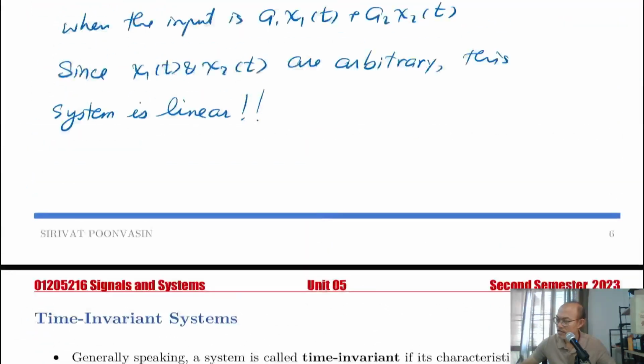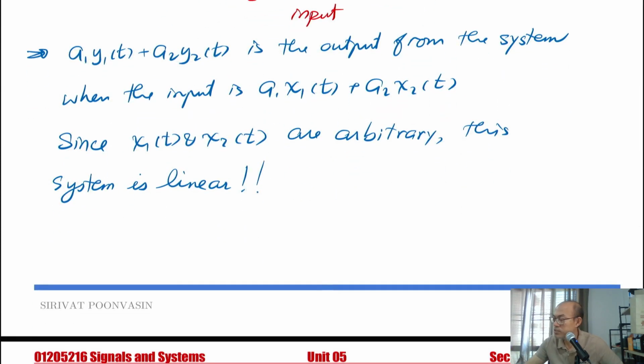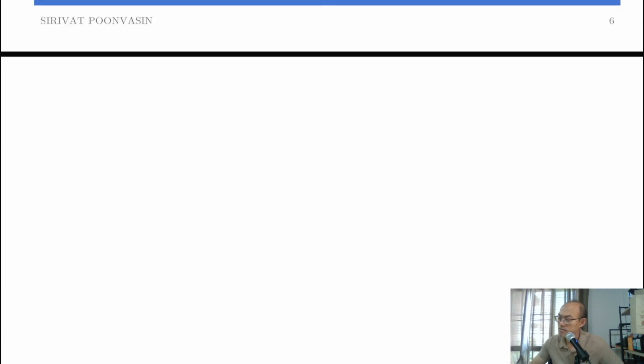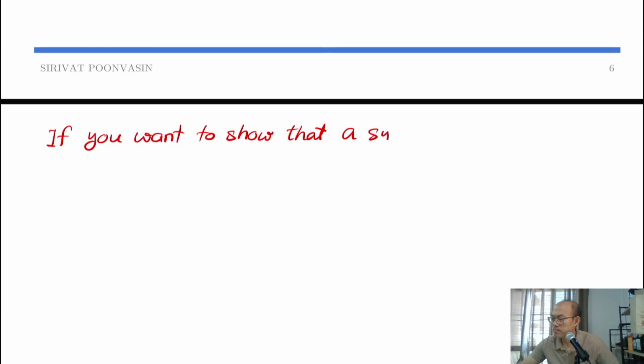If you want to show that a system is linear, let me write it down.